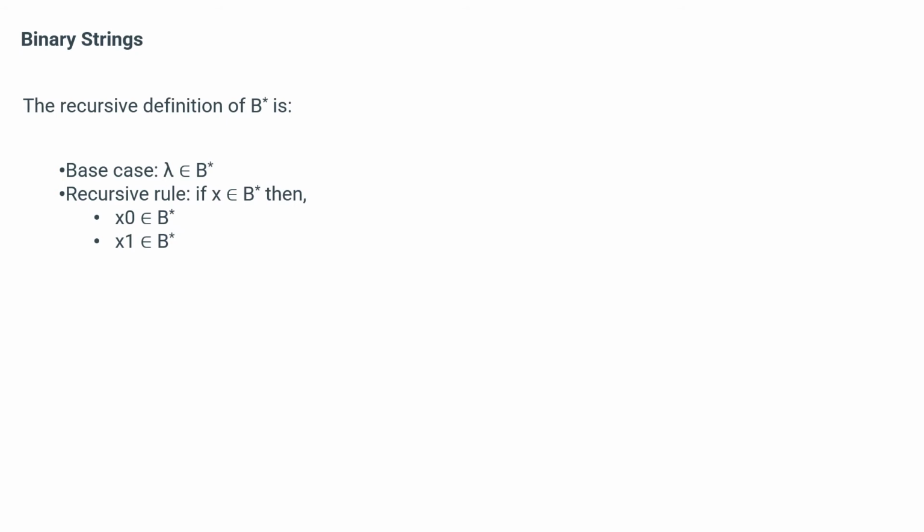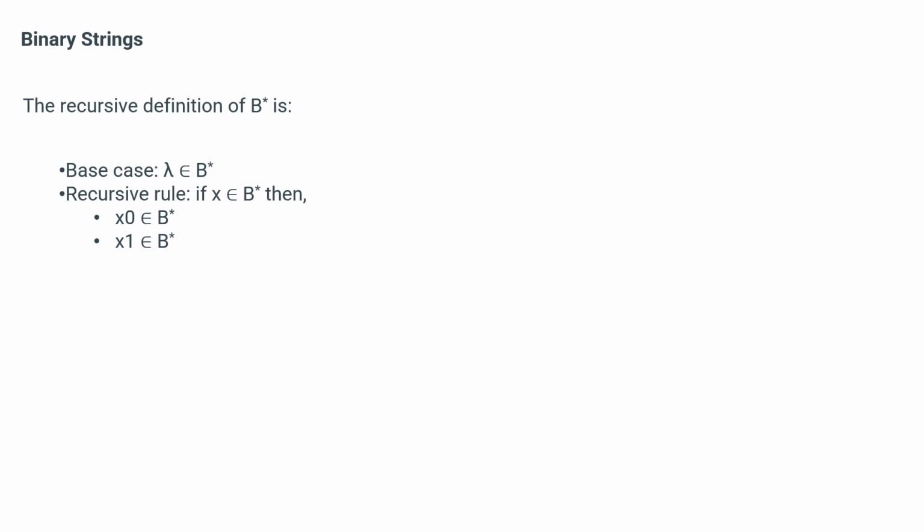So we'll say lambda is in B star. Then if x is in B star, then x0 is in B star.